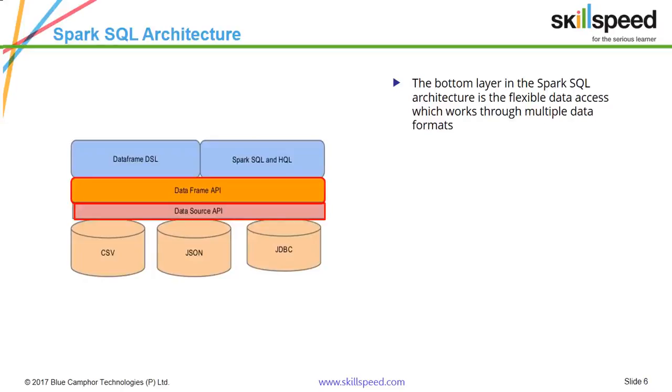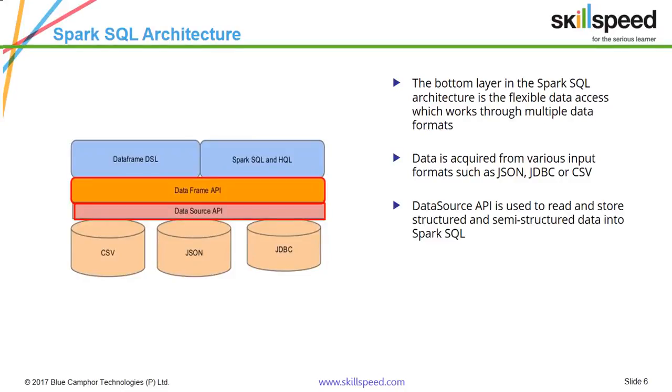And the bottom layer in your Spark SQL architecture is the data access layer, which can access multiple types of data and from multiple formats. This is achieved by the data source API. So here in this picture, you can see that the data source API can read JSON data, CSV data, JDBC data, Parquet data, so on and so forth. So basically, it can comprehend any structured or semi-structured data.